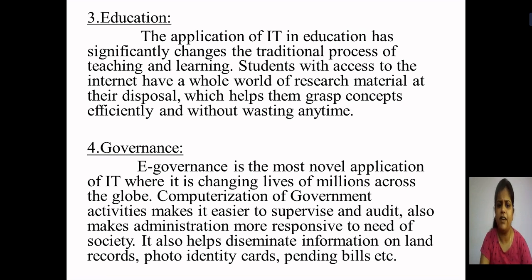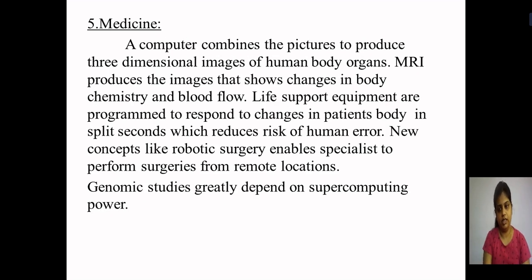So these are the different government activities which have been computerized and are easy to access, and the administration responds to the different types of records and to the needs of society. According to the needs of society, the administration makes different types of changes. This is in governance.